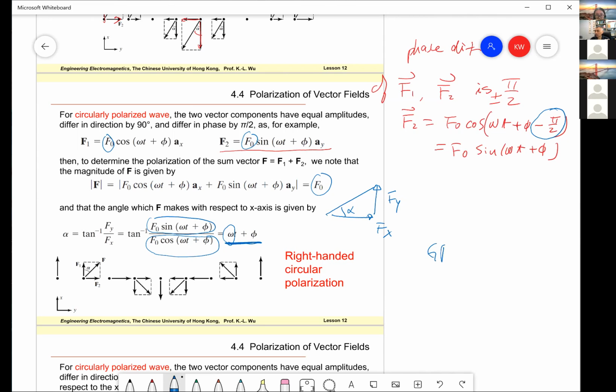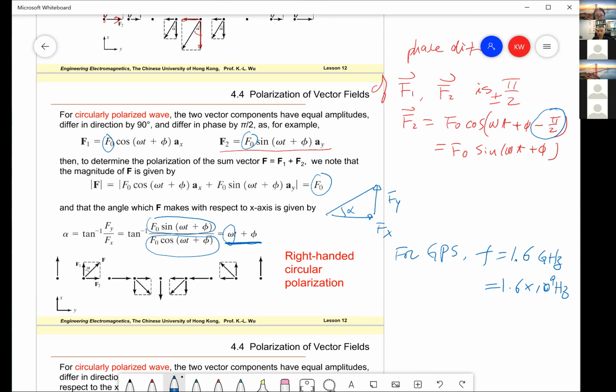For GPS, the frequency is about 1.6 gigahertz. Now you know how fast it rotates. This diagram illustrates how the angle rotates.